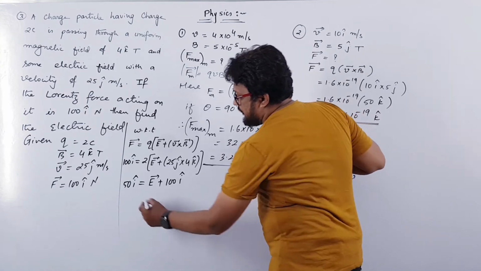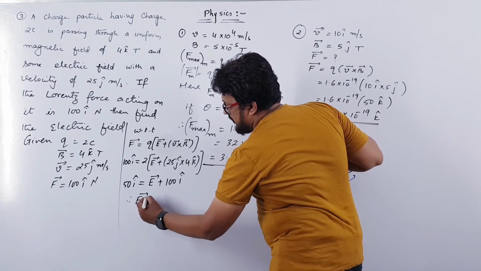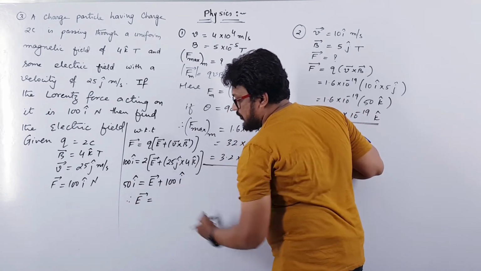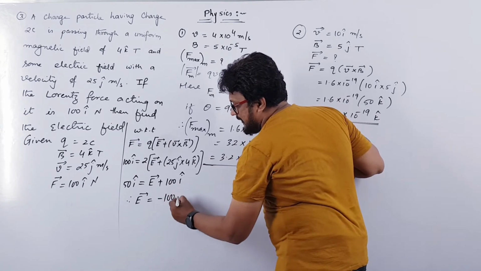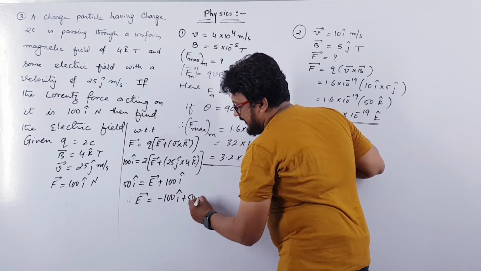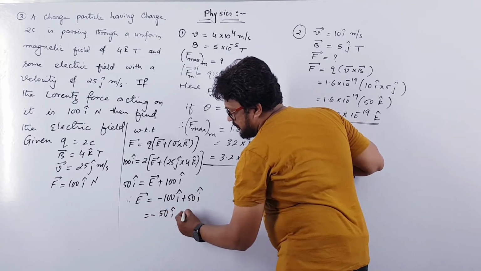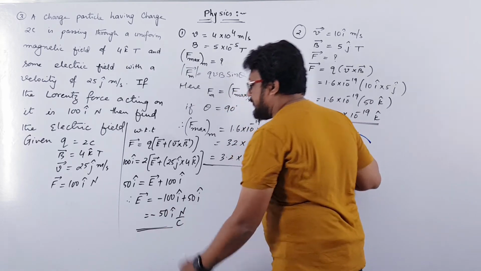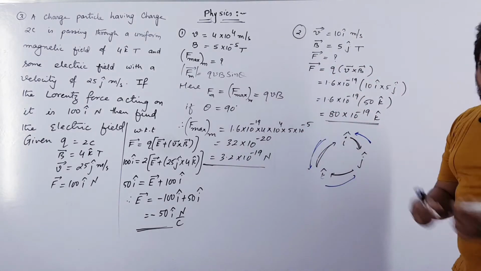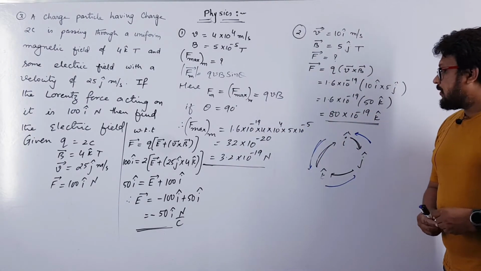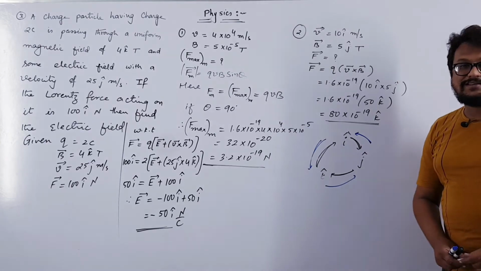So therefore electric field E will be equal to, if you take 100 I cap on the other side, minus 100 I cap plus 50 I cap, so it is minus 50 I cap Newton per Coulomb. This will be the value of the electric field of that region. Clear? So pause this video and copy this.